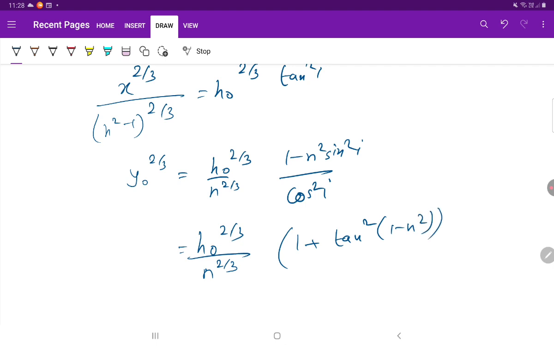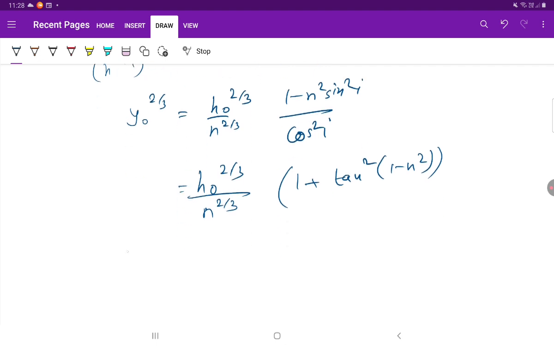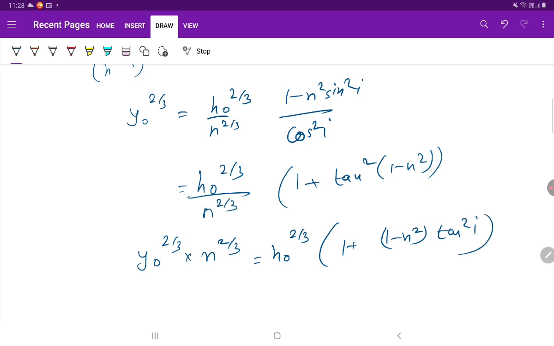I am not showing the detailed calculation, I am just writing what will be the final result after evaluating all those. Okay. Now y naught to the power 2 by 3 into n to the power 2 by 3 is equal to h naught to the power 2 by 3 into 1 plus 1 minus n square tan square I, right?